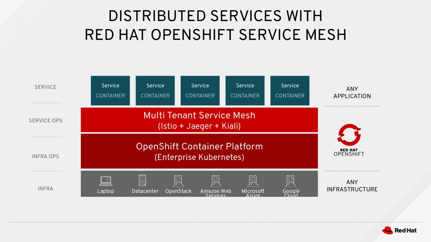So the service mesh is part of the OpenShift container platform, and it allows you to deploy multiple meshes within a single OpenShift container platform cluster, thanks to its multi-tenant functionality.